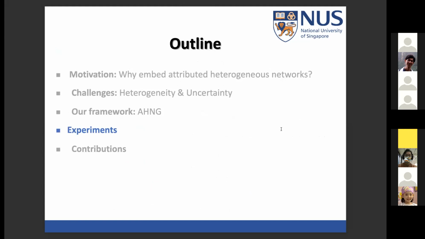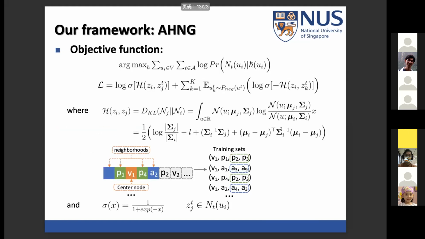Yes. And by the way, can I ask how do you aggregate the nodes? Given a node, it has a few neighbors. And what aggregation operators did it apply?